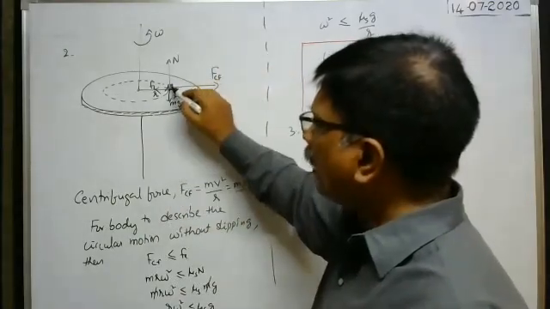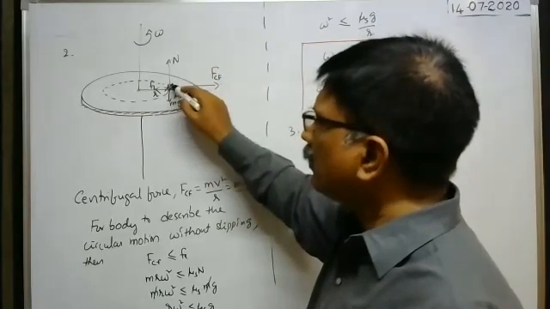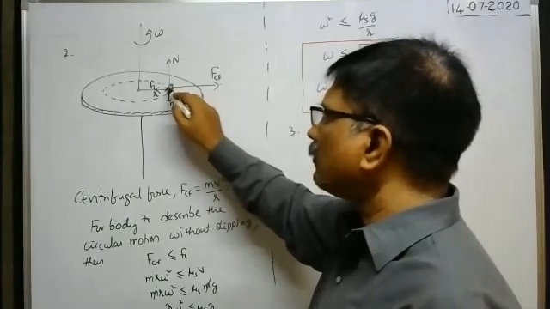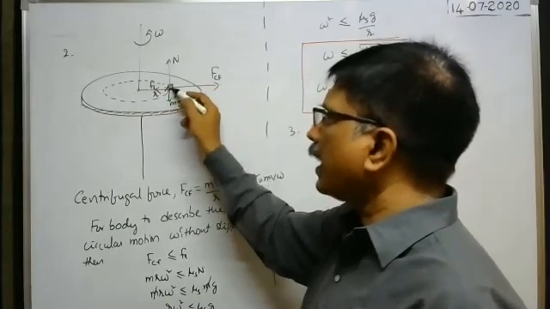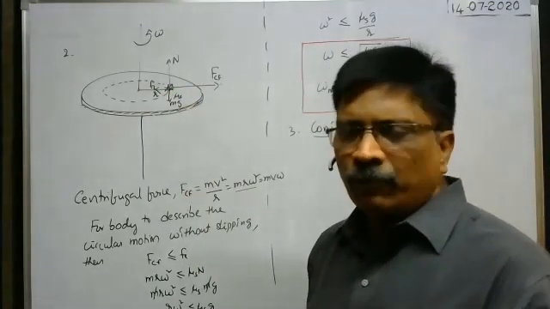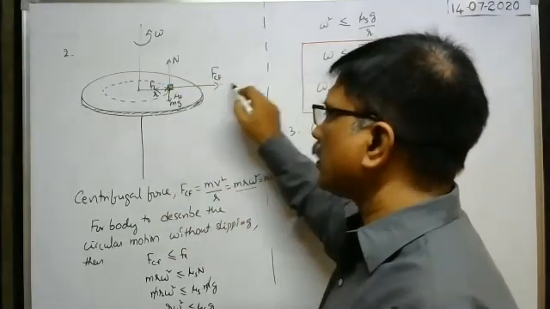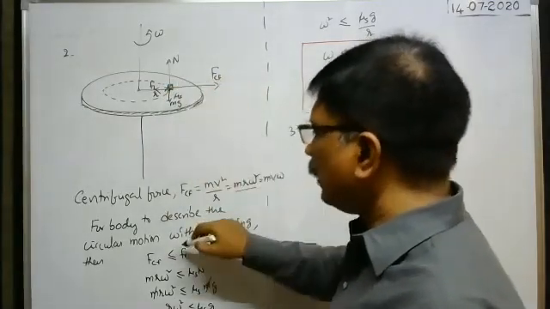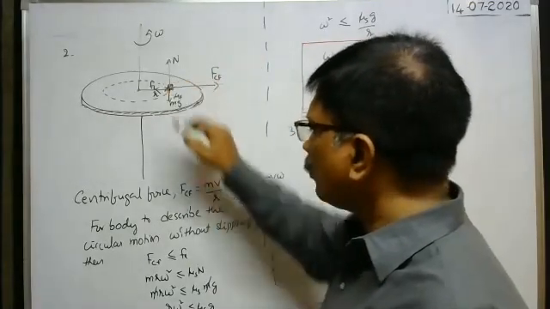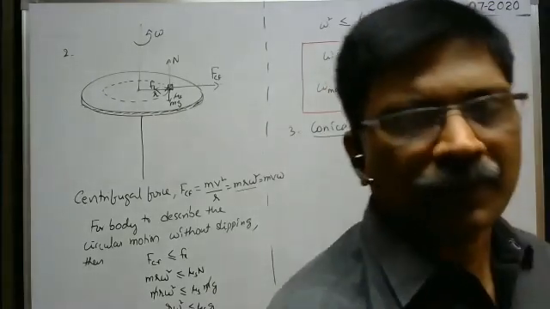But while the body tries to slip in this direction, at the same time the friction between the block and the disk opposes the slipping of the block. So frictional force acts opposite to this applied force, that means in this direction. What is the condition? Whenever the centrifugal force is greater than the limiting friction, definitely the body slips off. For the body not to slip, the condition is the centrifugal force must be less than or equal to limiting friction. Okay.